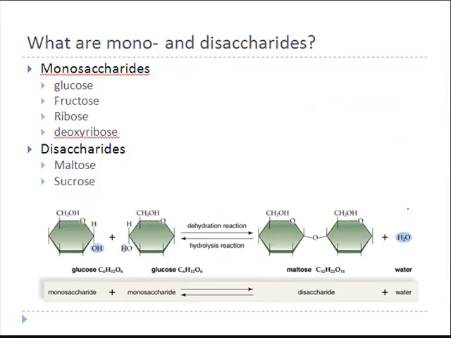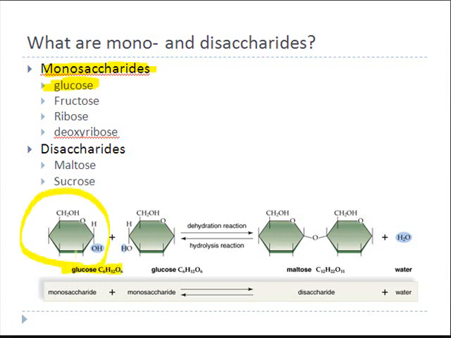Now, there are different types of carbohydrates. You can have a single carbohydrate molecule, which we often call a monosaccharide, mono meaning one. Monosaccharides are single unit carbohydrates, and some examples include glucose, like we just talked about on the last slide. Here's a molecule of glucose down here.